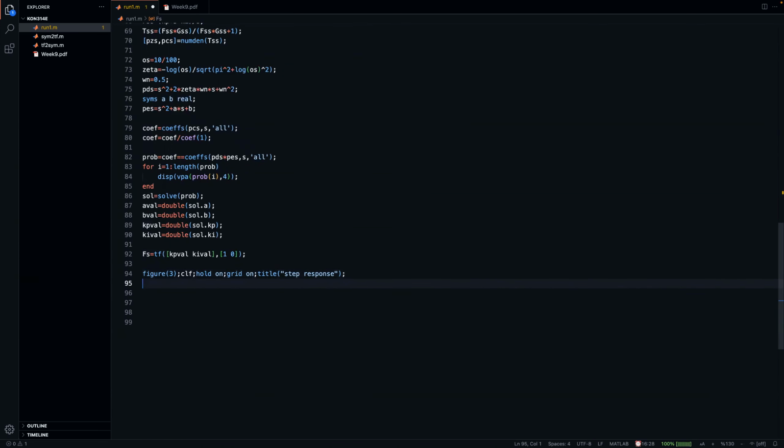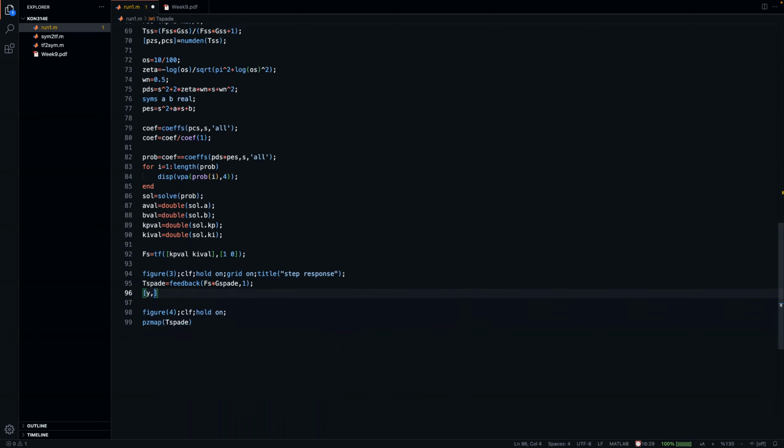Now, TS PuTTY is going to be feedback fs times GS PuTTY, 1. I should, of course, be happy with this. So there should be no issue at all. And I'm just going to use figure 4, and I'm going to delete that in a moment. I'm just going to use pzmap on TS PuTTY.